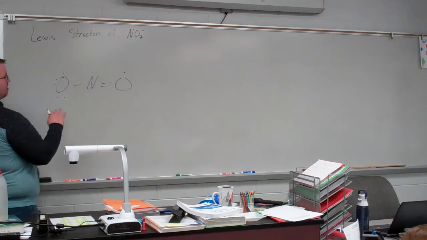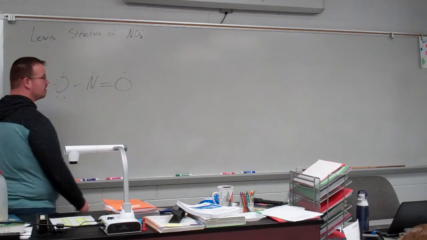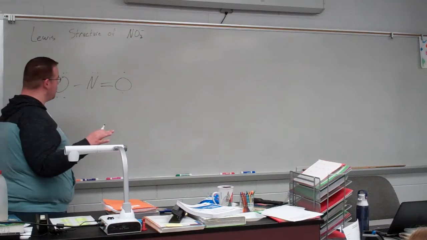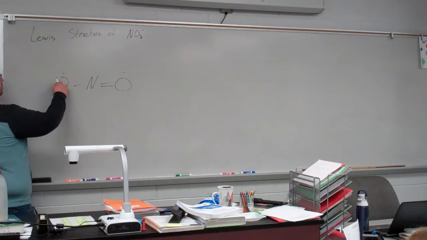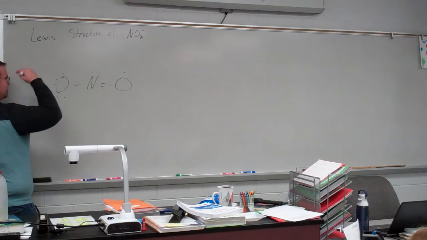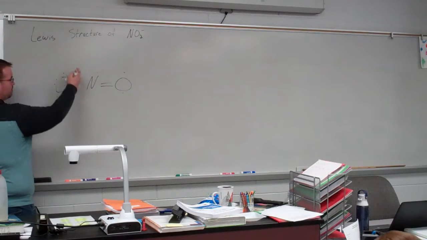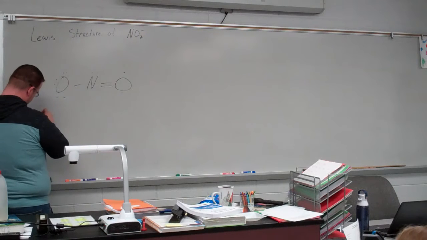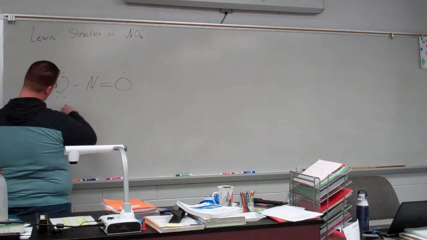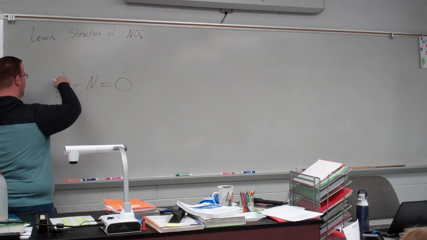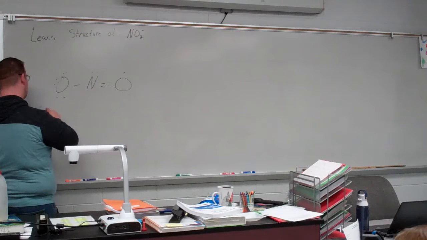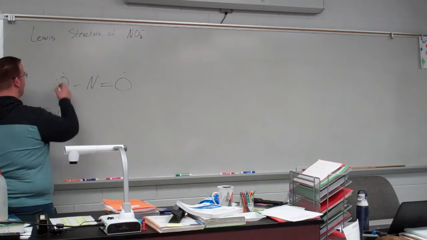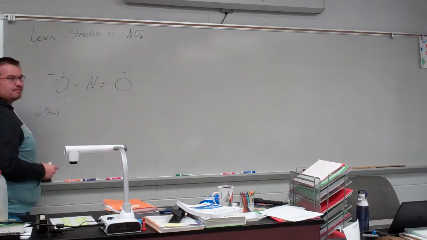Alright, so in this, the only other thing we have to do is look for the charge. In this case, we're going to mentally, not visually, mentally split the bond. An electron goes here. Oxygen normally has 6 electrons. So 1, 2, 3, 4, 5, 6, 7. That's minus 1, so that oxygen has a negative charge on it.